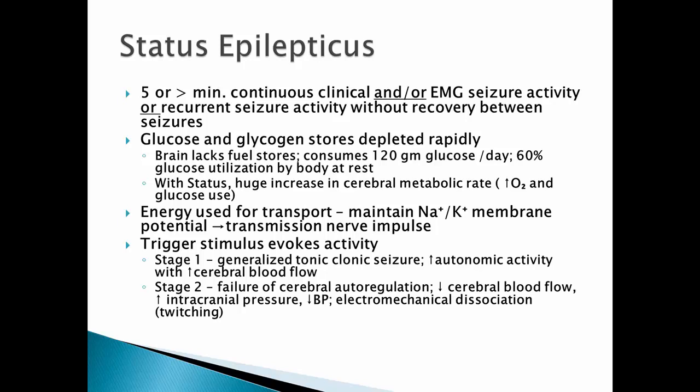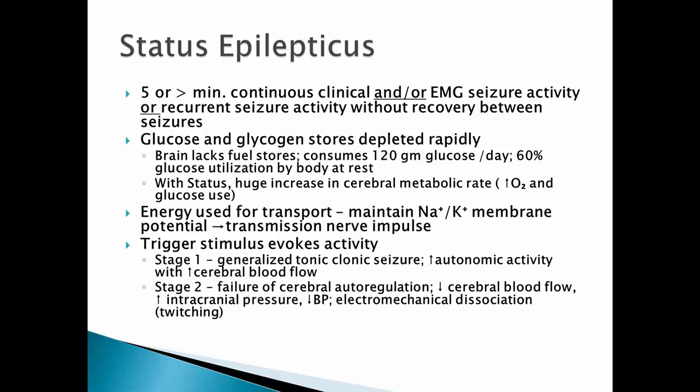Status epilepticus is defined as 5 or more minutes of continuous clinical and/or electrographic seizure activity, or recurrent seizure activity without recovery between the seizures. So there's a lot of ors there, but the idea here is you have unremitting generalized tonic-clonic seizure activity, either observable or electrical that you can see on an EEG or an EMG.